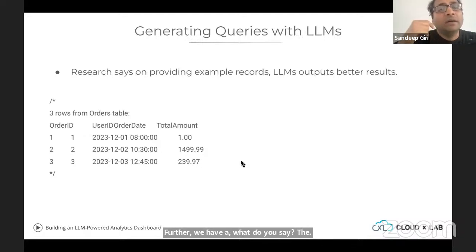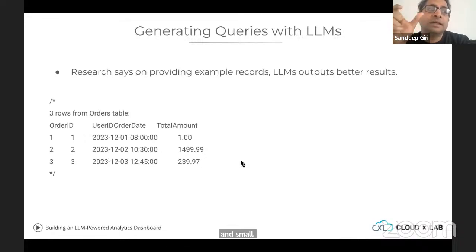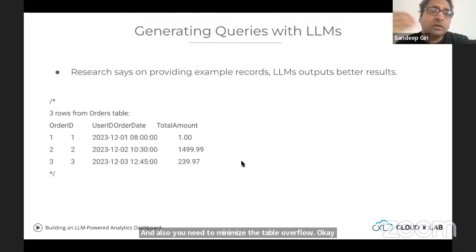Further, when you are dealing with hundreds of tables, you will have to make sure that your table names are clean and small, and also you need to minimize the table overflow. So only relevant columns should be made visible to the LLM. That also our SQL Shield will provide.